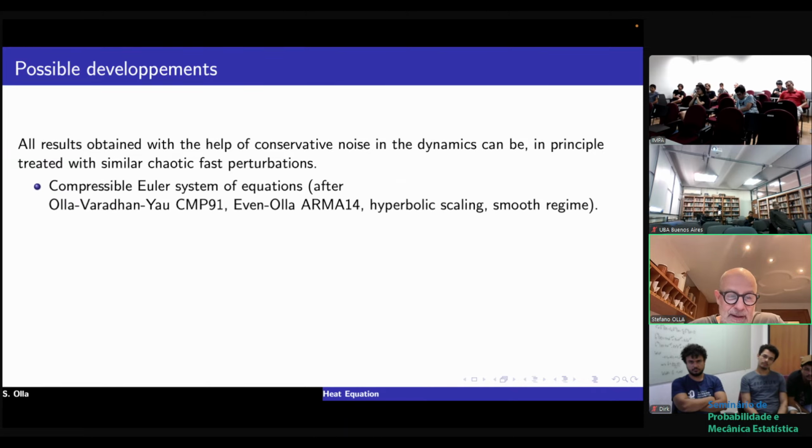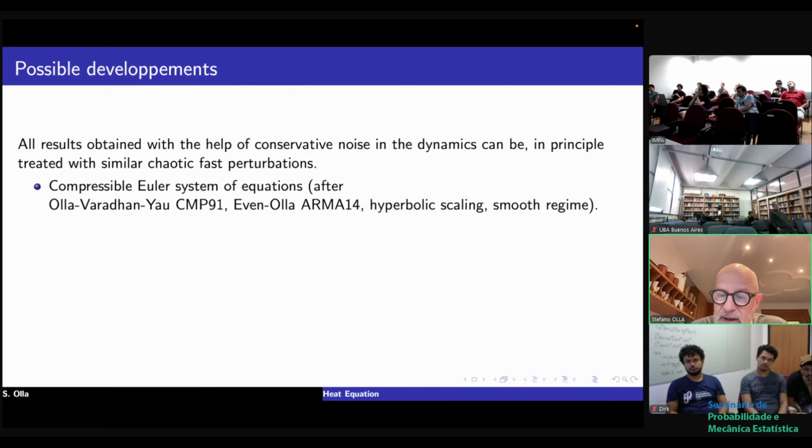For example, this is the case of the compressible Euler system of equations, in my old work with Varadhan and Yau in 91, or in a lattice case, a paper with Nadine Even, where we do hyperbolic scaling and obtain a compressible Euler equation, at least in the smooth regime, but we put there noise that conserves momentum, energy, volume, and so on.